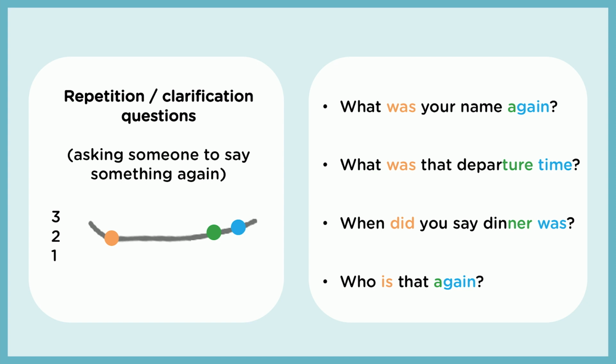So with this pattern, we start with our voice at a medium level, then we bring it down. What was your name again? What was that departure time? When did you say dinner was? Nice. Who is that again? So this is the pattern.